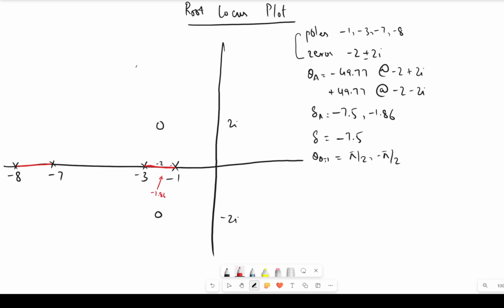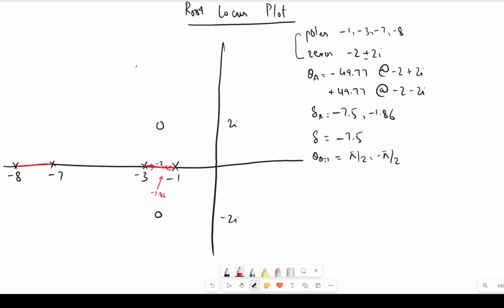This one will move to this side, this one will move to this side, and they will collide with each other at -1.86. And then they'll move towards the zeros because the root locus starts from the poles and ends at zeros.